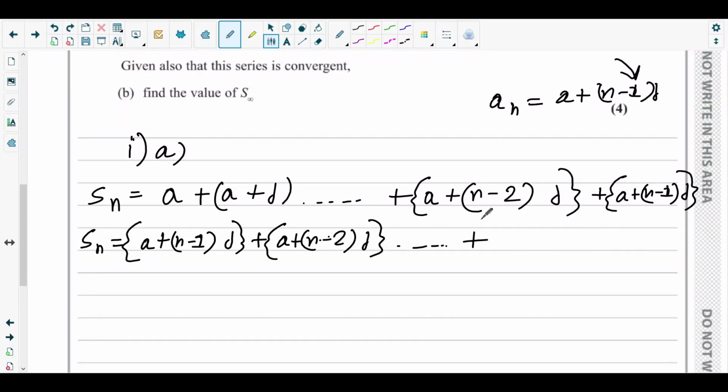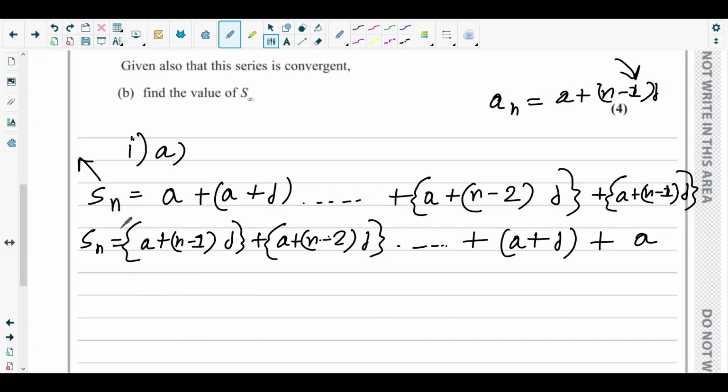The term just before the last term would be A plus D, and at last the last term would be the first term of the first summation, A.